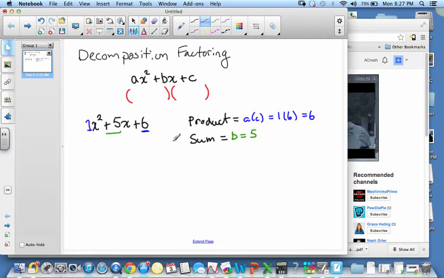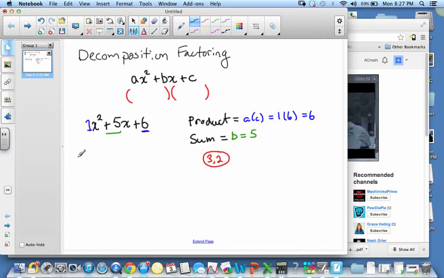Now, how does this play out in terms of decomposition? Every single time you decompose, you are looking for two numbers that multiply to 6 and add to 5. In this case, we're looking at positive 3 and positive 2. Right? 3 times 2 is 6, 3 plus 2 is 5. Bingo.